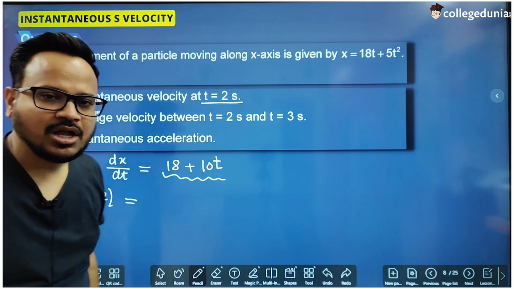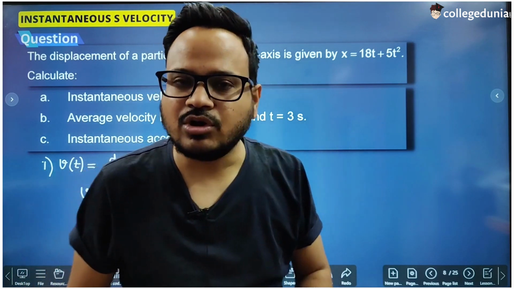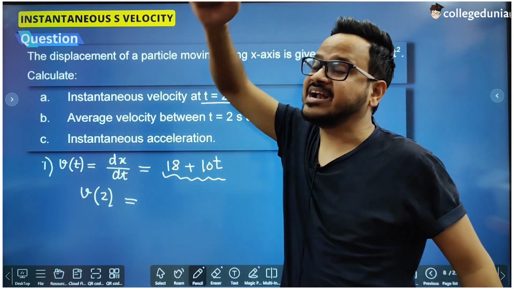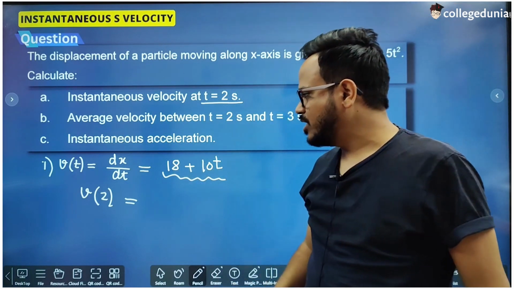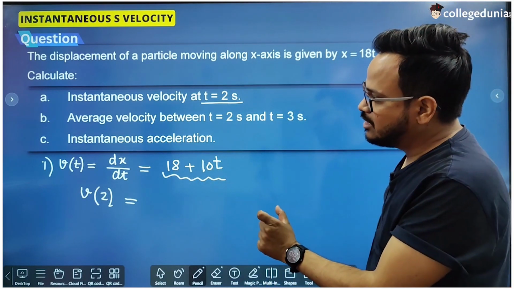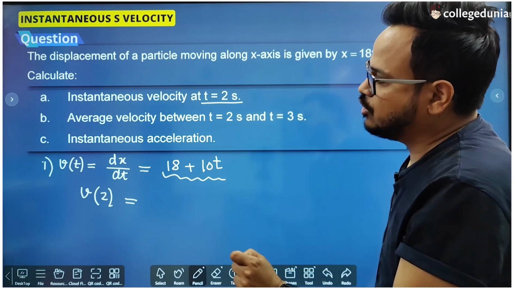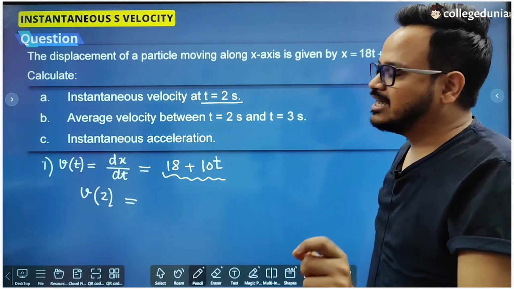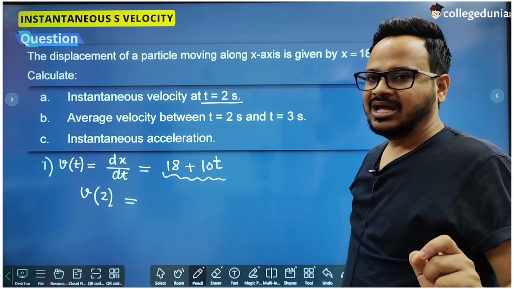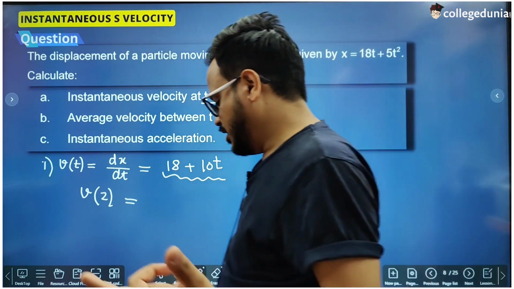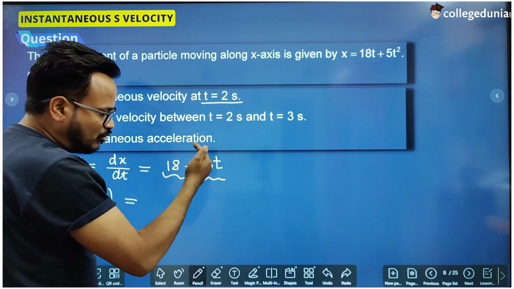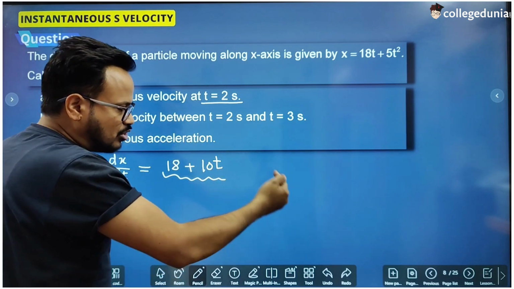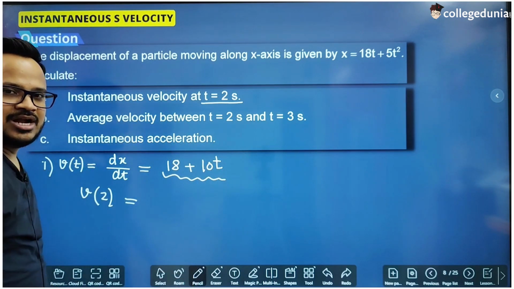Have you got the point that instantaneous velocity is the velocity of a body at a particular instant of time? When we put t equal to 2 in this equation, we get the exact velocity of this body at exactly t equal to 2 seconds. It will change in just a fraction of a second, because the velocity depends on t. If I put t as 2.001, I will get a different value.